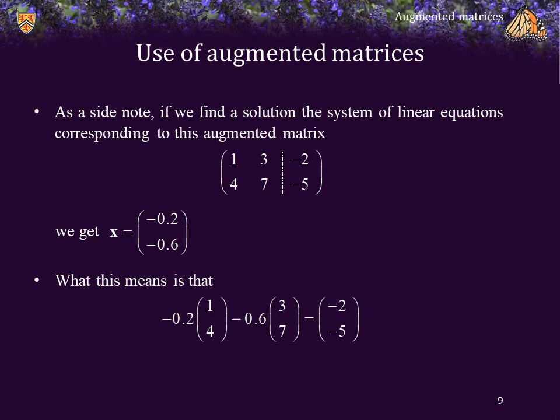Thus, we are literally solving two problems, and the problem is much better interpreted in terms of finding a linear combination of vectors equaling a target vector when we use the augmented matrix way to solve such a system of linear equations.